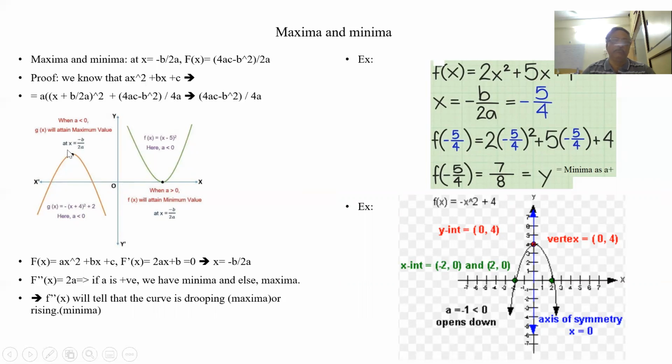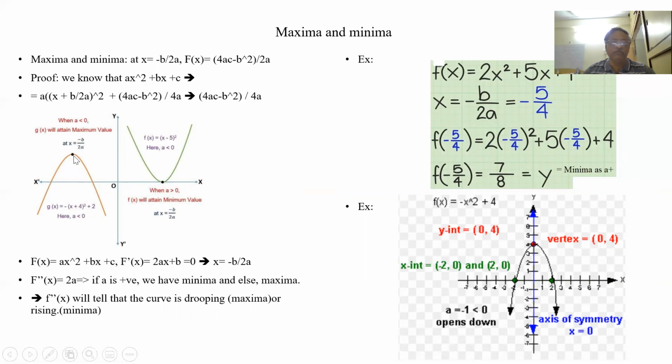And this is where both roots are the same. See, in the other cases y is the same for two x's. But here y is the same for only one x. Here both roots are the same.